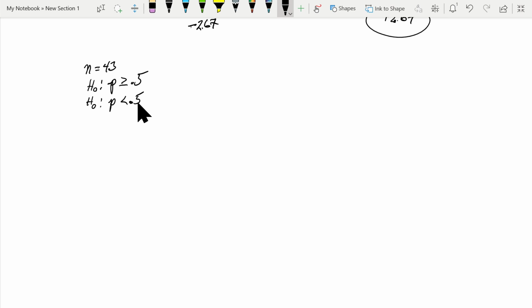Where's the rejection region and how big is it? The chance of error, the area of the rejection region, is 0.1, 10%. Where is the critical region? Here's 0.